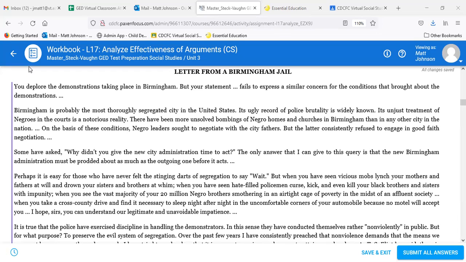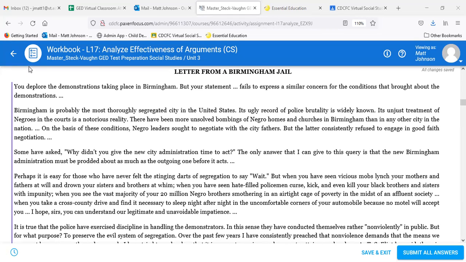Its ugly record of police brutality is widely known. Its unjust treatment of Negroes in the courts is a notorious reality. There have been more unsolved bombings of Negro homes and churches in Birmingham than in any other city in the nation.